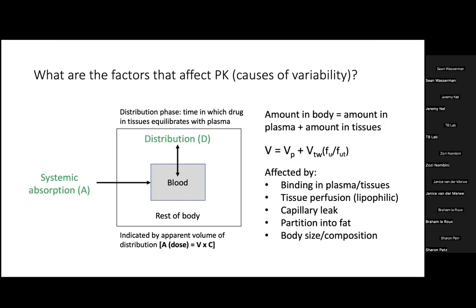Partition into fat and body size composition is clearly very important. So drugs that have a predilection for going into fatty tissues might have a different volume of distribution in people with different body compositions, right? So people who are fatter. And so clearly physiology very directly affects volume of distribution. And I'll show you the consequences of that in a minute.